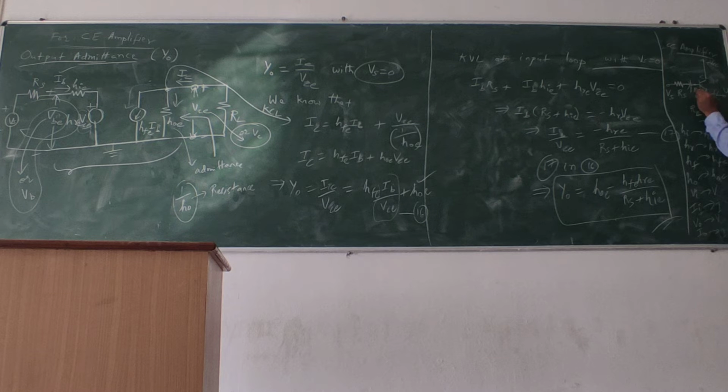See here: base, emitter, collector. So the input is base, with respect to common. What is the common? Collector. Right? Next, what is the input current? Simply base current, so IB.